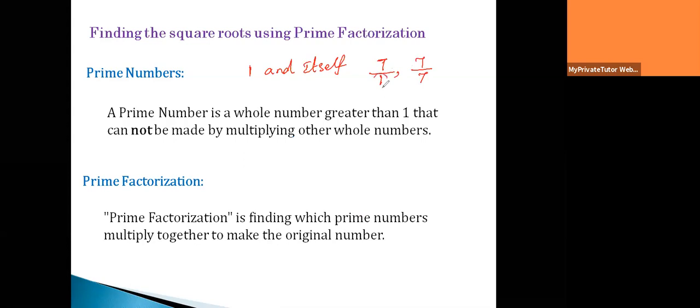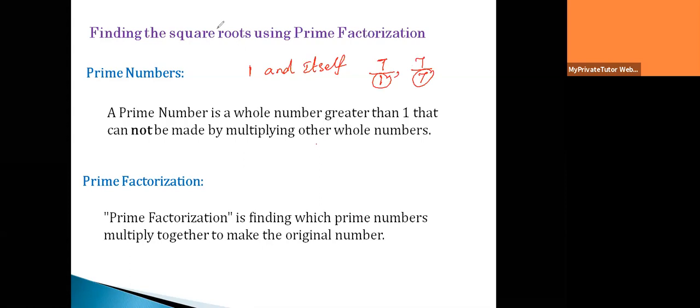Other than 1 and 7, we can't divide 7 by any other number, isn't it? If we divide, we'll get a decimal answer. So a number we can divide only by 1 and itself is a prime number.